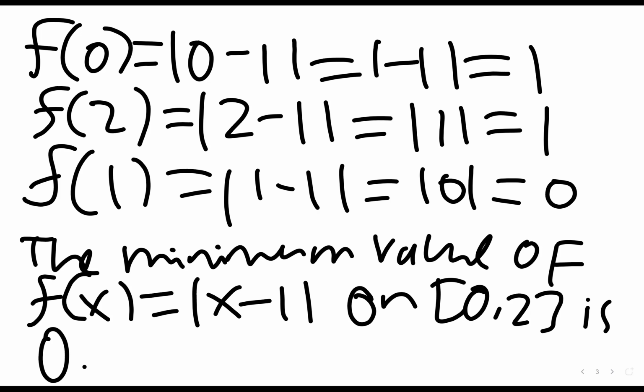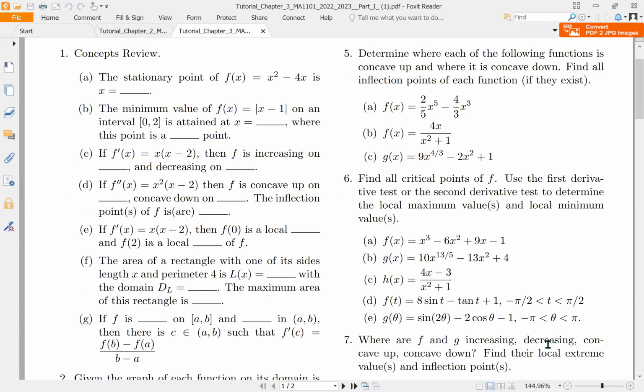Okay, so let us take a look at the PDF file once again. Numbers C and D and even E are quite similar. The idea is that by checking the sign of the derivative, we may conclude the behavior of the function in terms of its monotonicity.